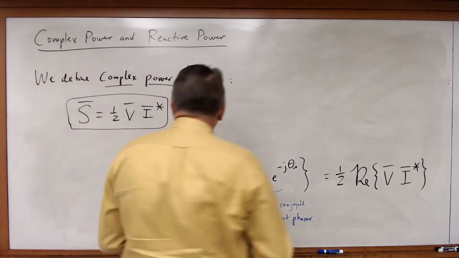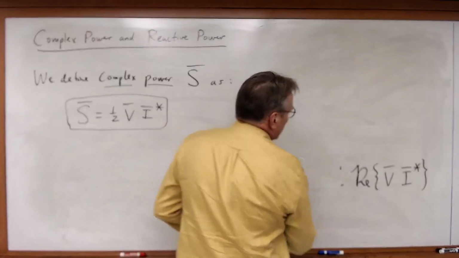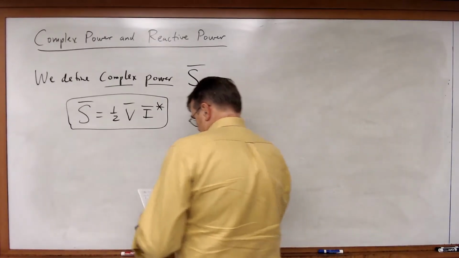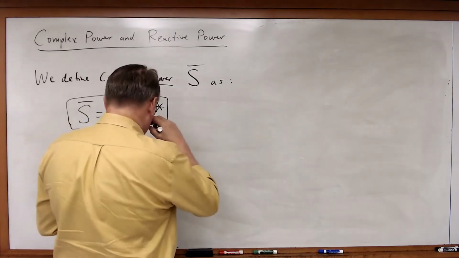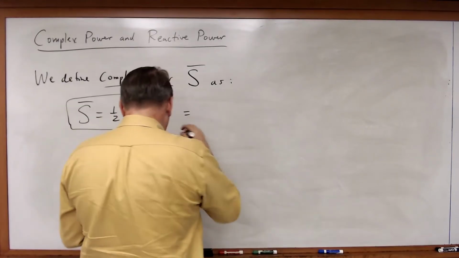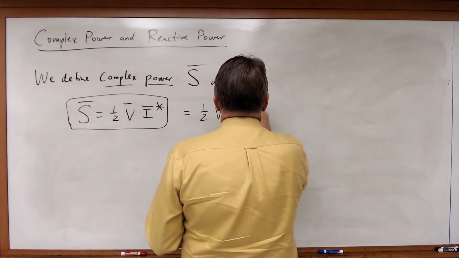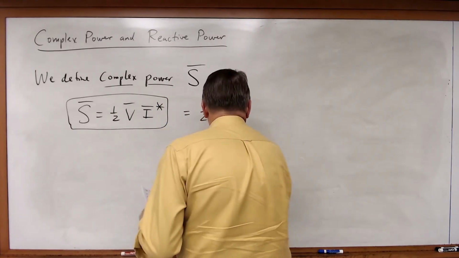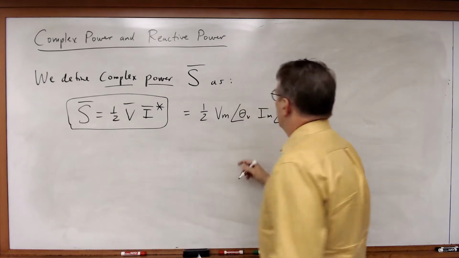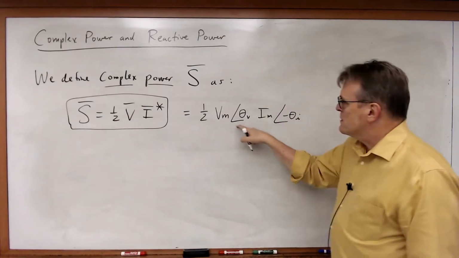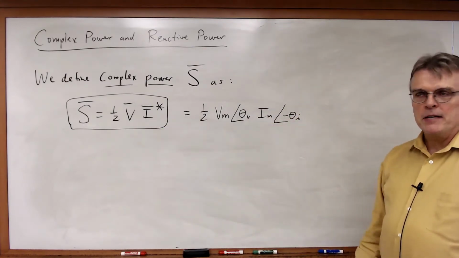All right, let's do a little math to this. I'm going to express these phasors in polar form. So this must be equal to 1/2 times Vm at angle theta sub V times Im at angle minus theta sub I. I'm simply writing these two phasors as the magnitude and the phase angle, with the complex conjugate having the magnitude and the negative of the phase angle.